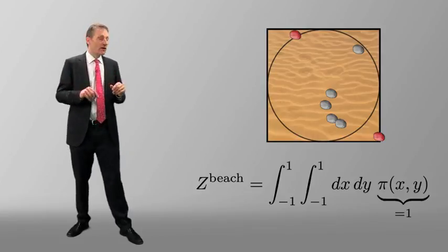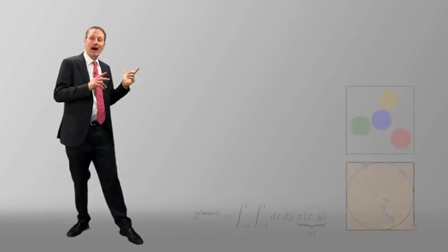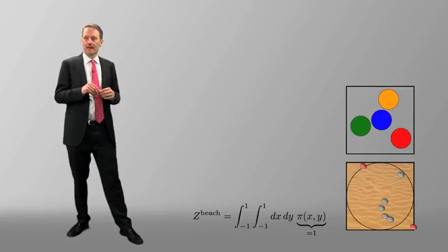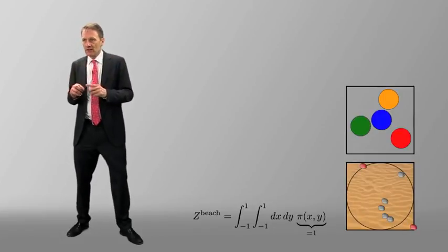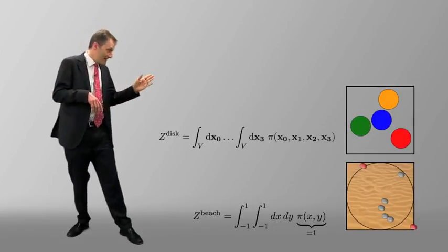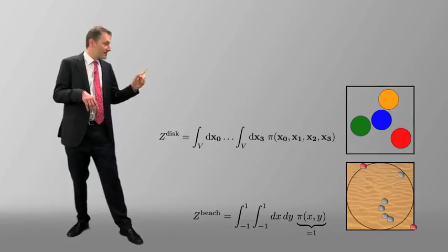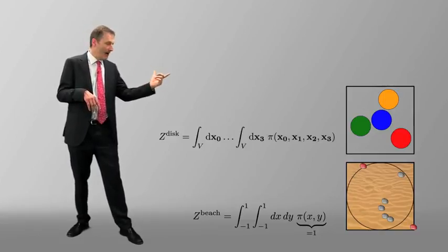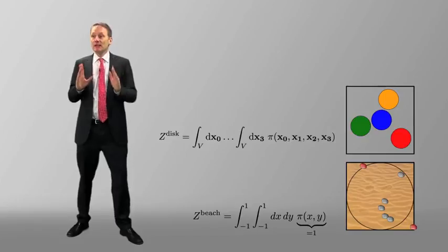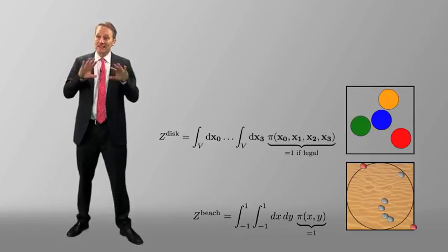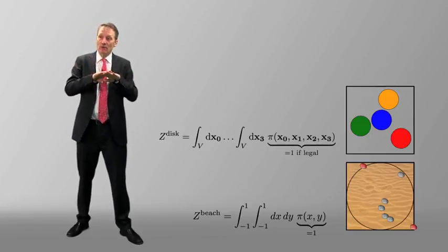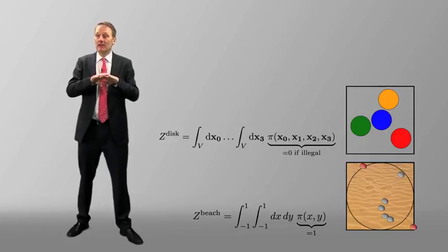We then moved to a discussion of hard disks. The partition function now was this integral with the statistical weight pi of x, which was equal to 1 if the configuration was legal and 0 if it was illegal.